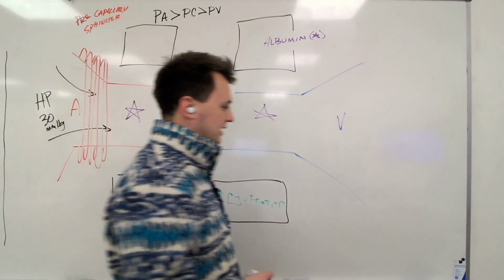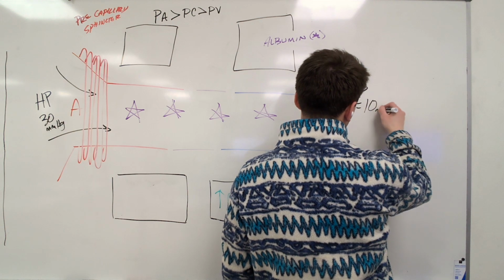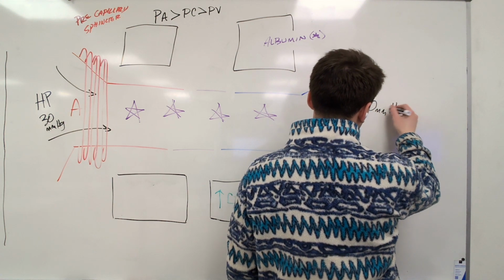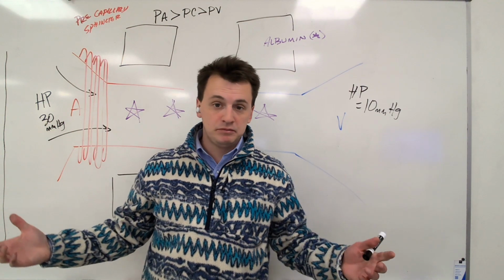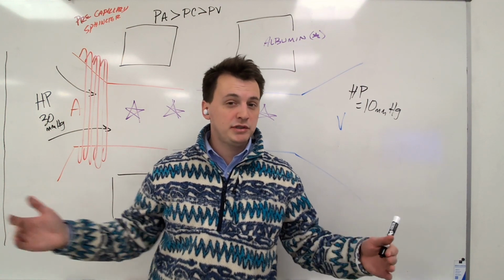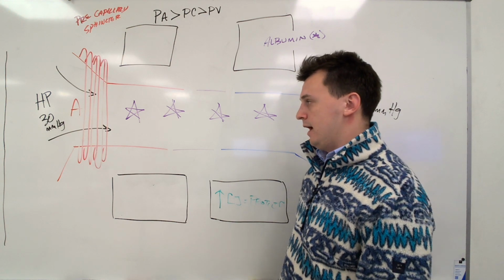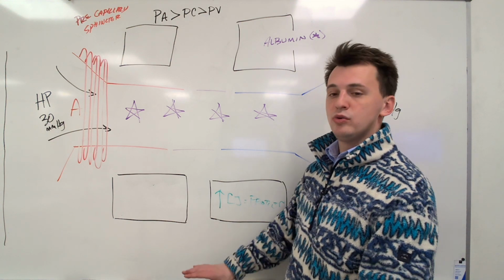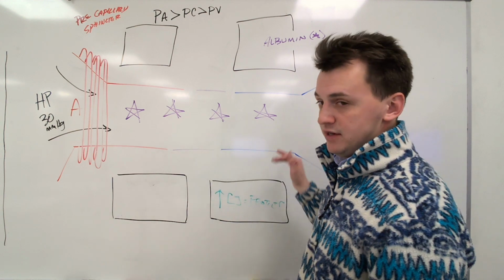And on the venous end, we have a hydrostatic pressure of 10 millimeters of mercury. And you're like, oh, Jackson, what in the crap are these numbers? And I'm like, I actually don't 100% know how they found those numbers. You could look it up. Google's a thing. But those are just the normal numbers of hydrostatic pressure for the arterial side and the venous side.